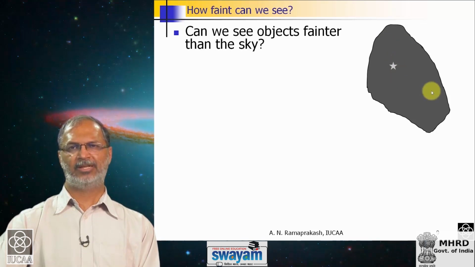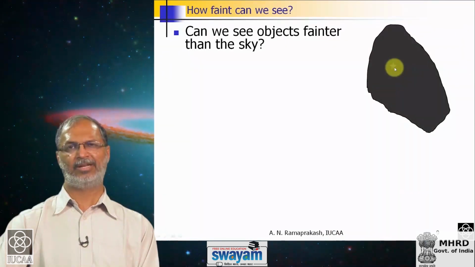Now, if I make the star a little fainter, you are still able to see it, a little fainter, you are still able to see it, a little fainter, it is not visible. I have not removed that star, it is still there, because if I make the sky a little darker, you can see the star faintly out there, it is still there.